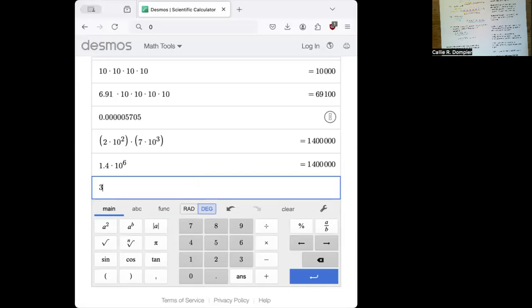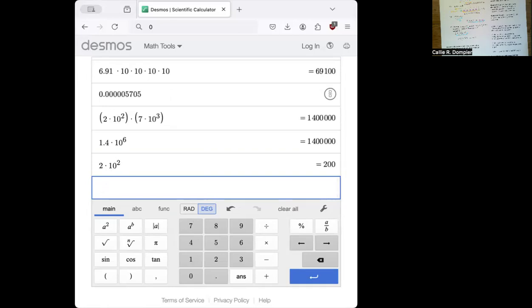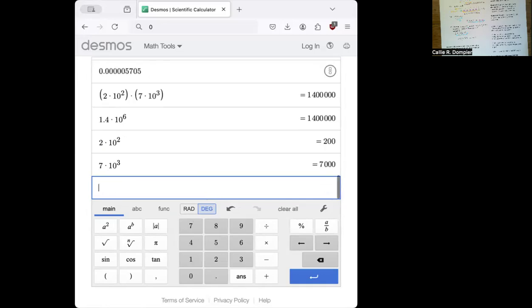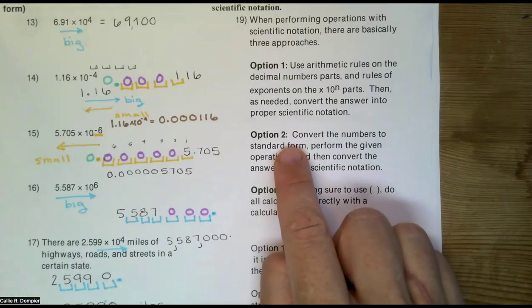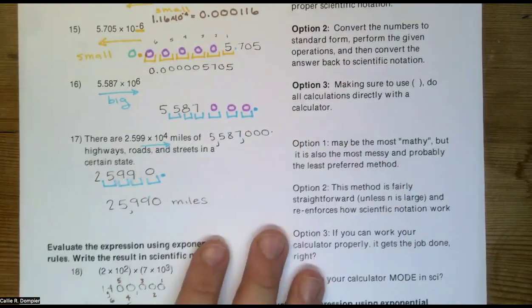So it was 2 times 10 squared is 200. 7 times 10 cubed is 7,000. 7,000 times 200 is that same answer we got. So you're welcome to do it like that. That's option 2. So you take it from scientific notation back into standard form.